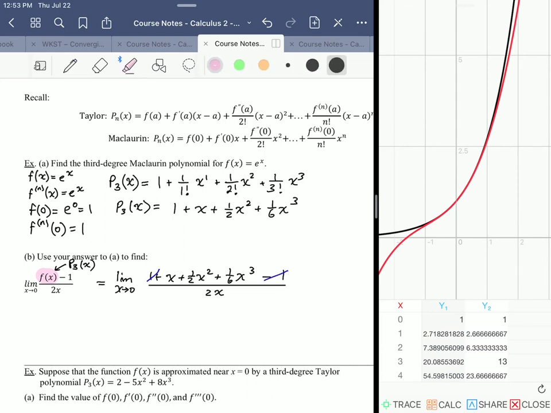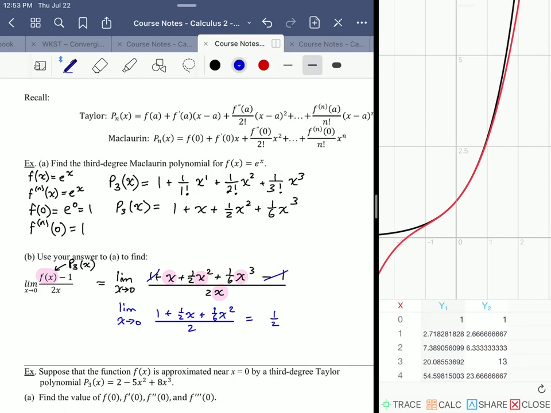All right, we have a common x that can be factored out and canceled. So this is the same as saying the limit as x approaches 0 of 1 plus 1/2 x plus 1/6 x squared all over 2. If I replace all my x's with a 0, so evaluate my expression, I get a 1/2, and that's what we would have expected.